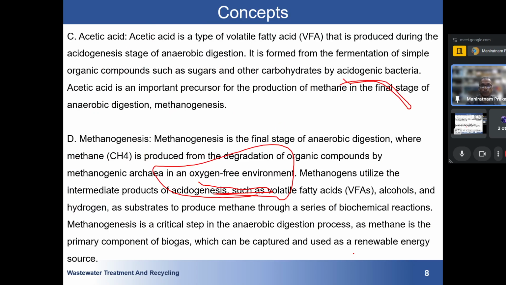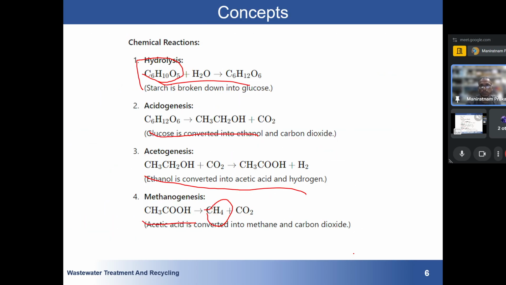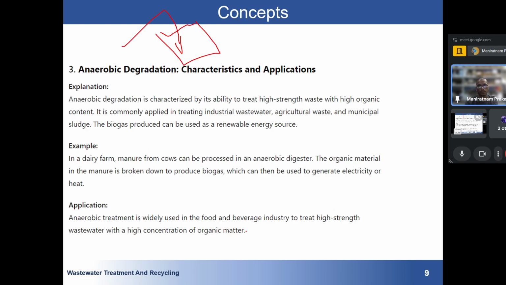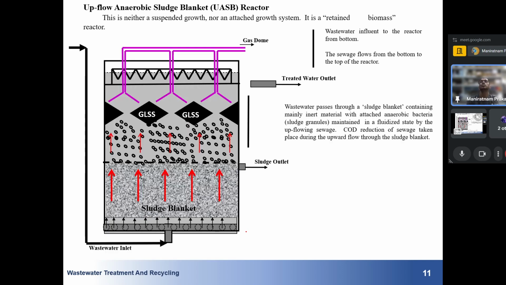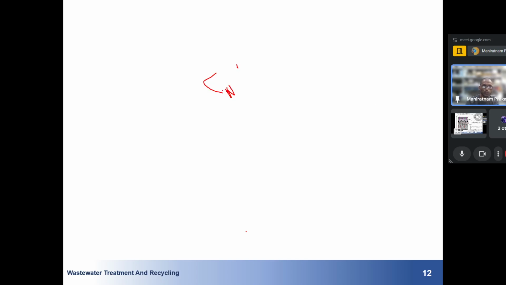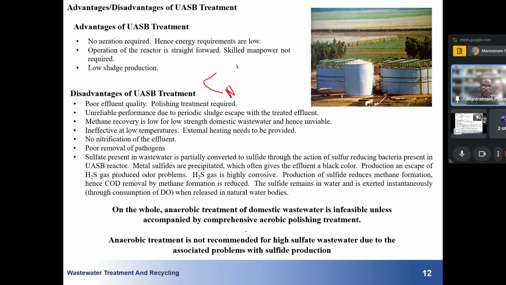The whole process has four steps: first is hydrolysis, then acid formation, then acetic acid formation, and finally methane formation. This was just a recap of what has been discussed. Maybe you will be seeing these lectures in future.